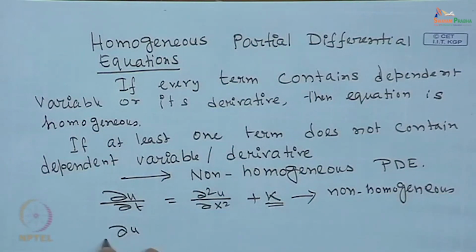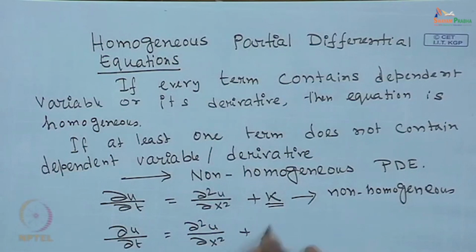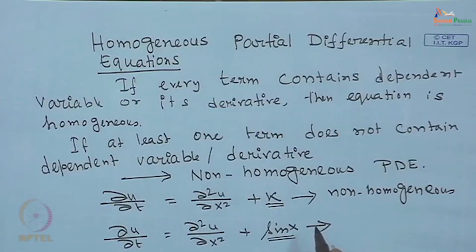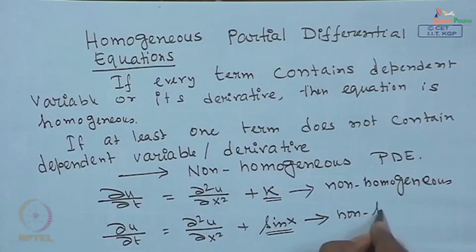Del u del t is equal to del square u del x square plus sin x. Now, this term contains the independent variable, but this term does not contain the dependent variable. So, again, this is a non-homogeneous equation.